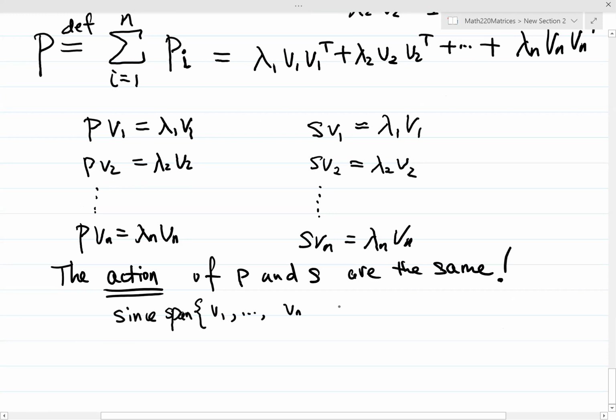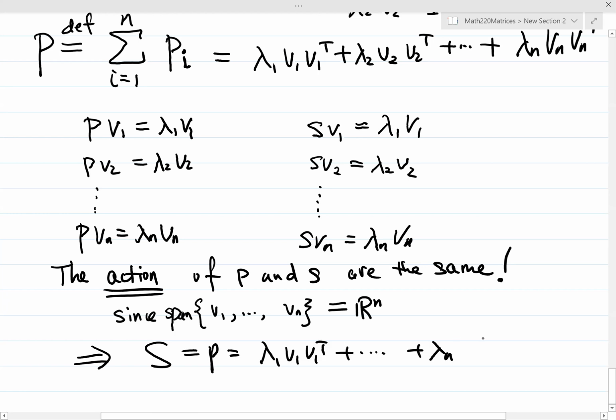Okay, the span is Rn. So this tells us that what P and S do on Rn is the same. So S equals P equals lambda 1 v1 v1 transpose plus and so on, plus lambda n vn vn transpose.